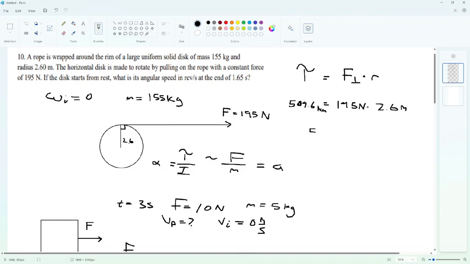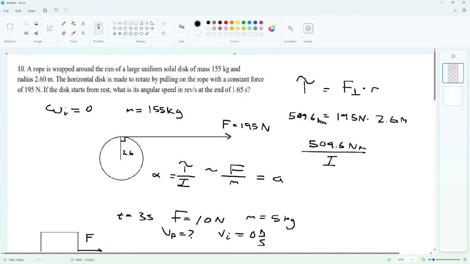So if we divide this by our moment of inertia, we should get angular acceleration. Now, what is our moment of inertia in this case? Well, if we're dealing with a large uniform disk, we are likely looking at the moment of inertia of a solid cylinder, which is going to be 1/2 mr squared, where m is the mass of the object and r is the radius of the object.